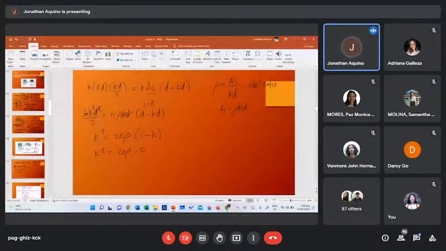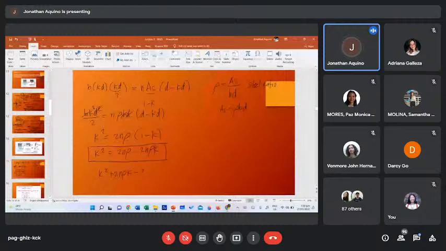So this is a quadratic equation. So we can solve for the value of k just simply by completing the square. So k squared plus 2n rho k minus 2n rho is equal to 0.